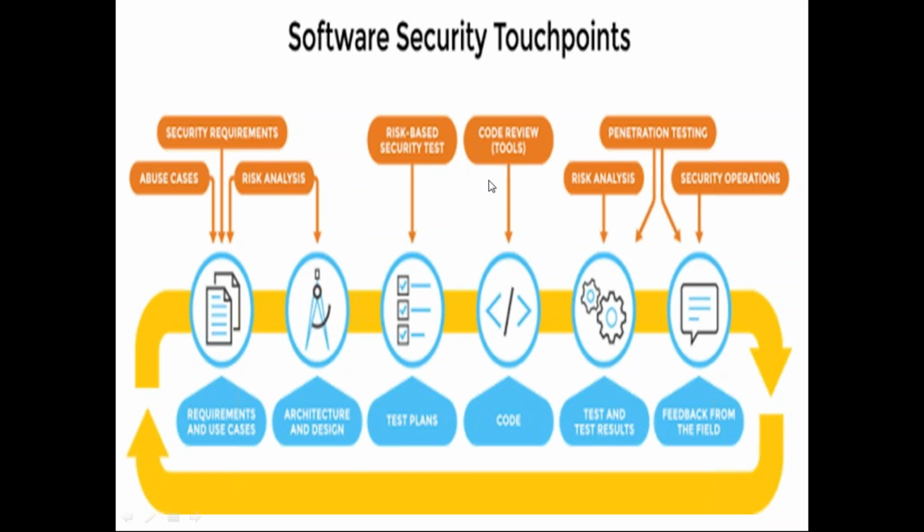Code review, as I said, is more of white box security testing. A simple example, as I said earlier: if you use the back button on the browser and it is still active, if you don't have any code-level stopping of that back button, then it's an issue.